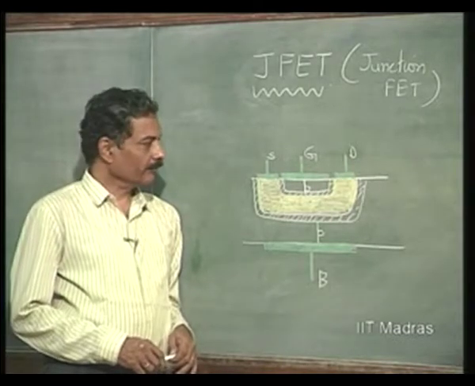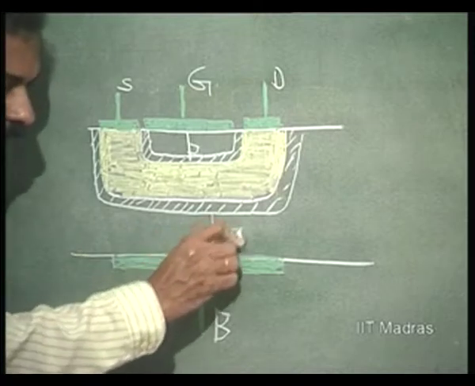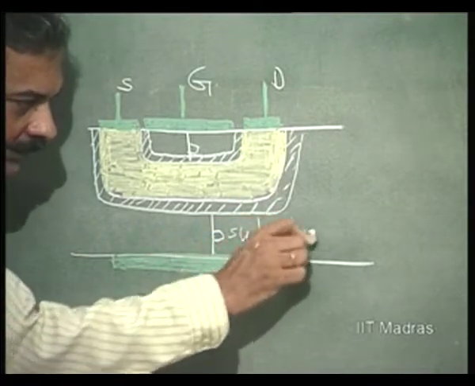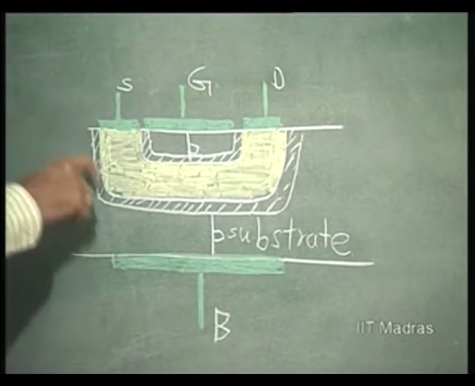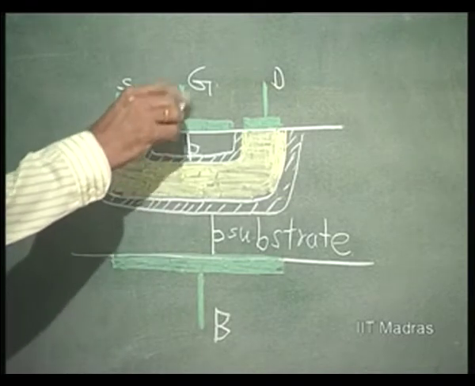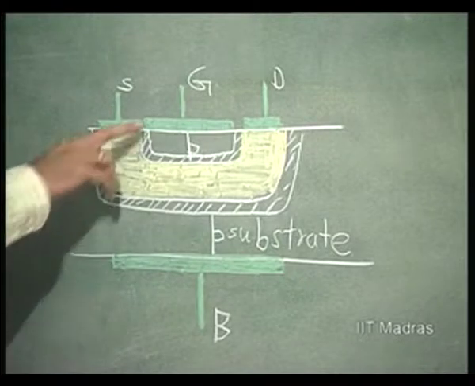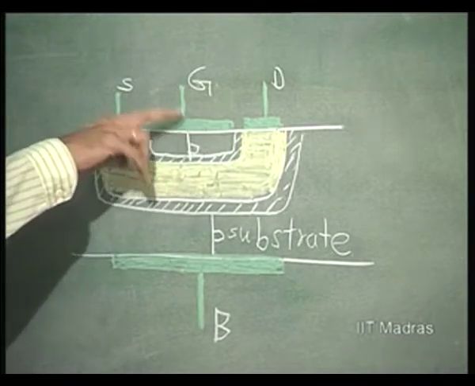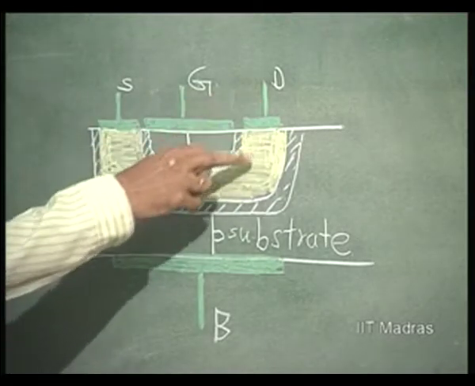We have the same type of substrate, a P type substrate, in which we now have N type diffusion done, and then later on P type diffusion done again. The second P type diffusion corresponds to the gate. The metal contact is placed over the gate. Here we have source and here we have drain. This is the N channel.